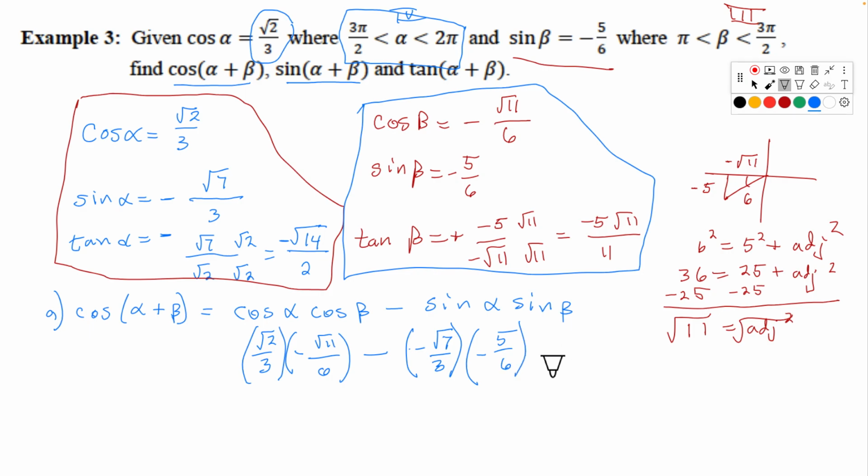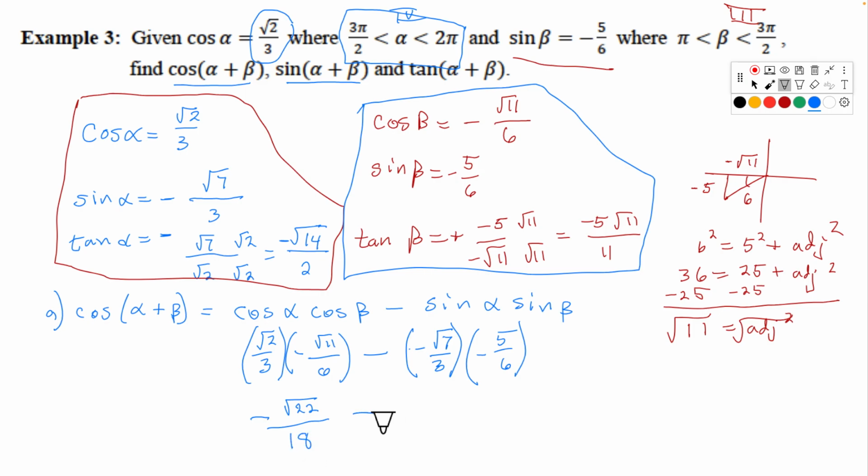Notice with these formulas, with the fractions that we usually will end up with a common denominator, which is rather nice. So square root of 2 times square root of 11, we've got a negative, so this is going to become negative square root of 22. 2 times 11. And in the denominator, 3 times 6 is 18.